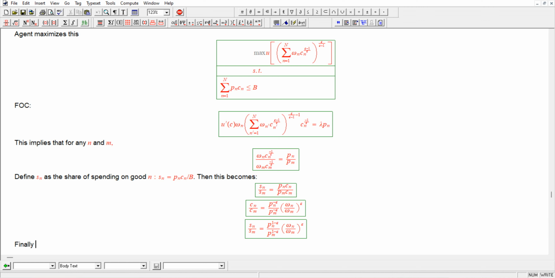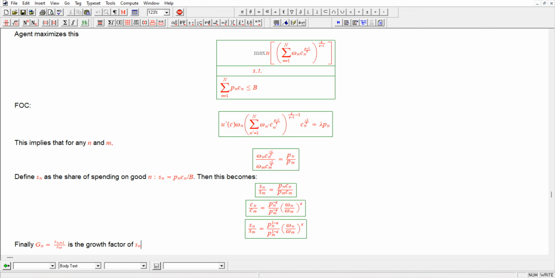Finally, if we're going to talk about structural change, we need to have these shares changing over time. So let's define big G sub n to equal the share at any particular date divided by the share at the previous date, and so structural change will mean that G sub n is different for different industries.